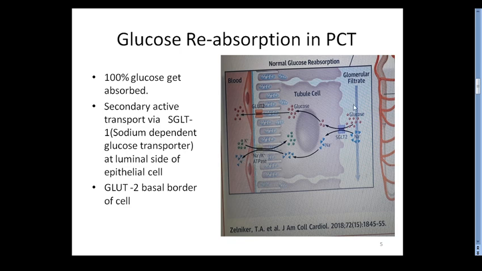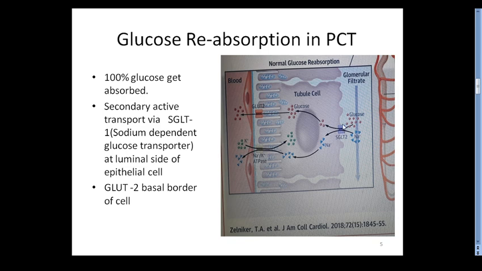This glucose sodium transporter is secondary active transport, because energy is not produced or directly utilized at this ion channel.